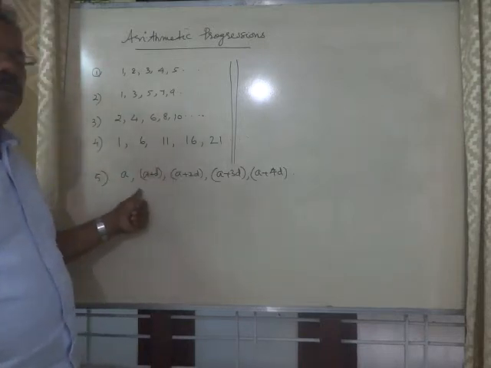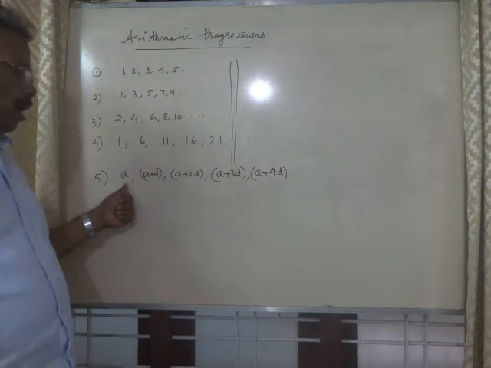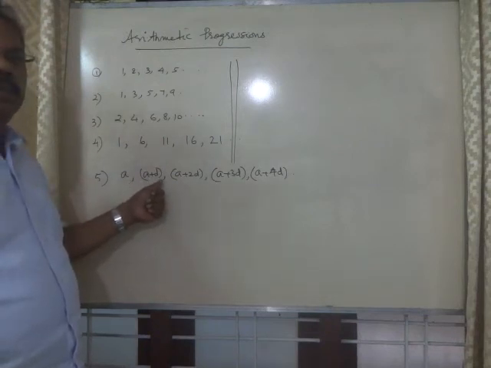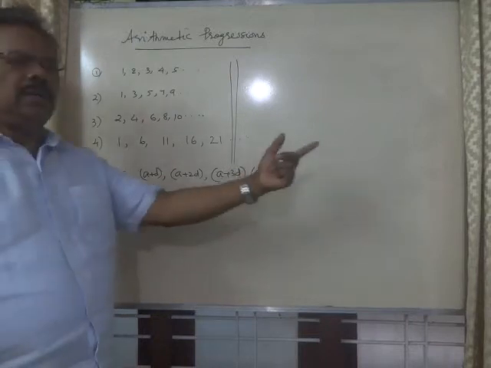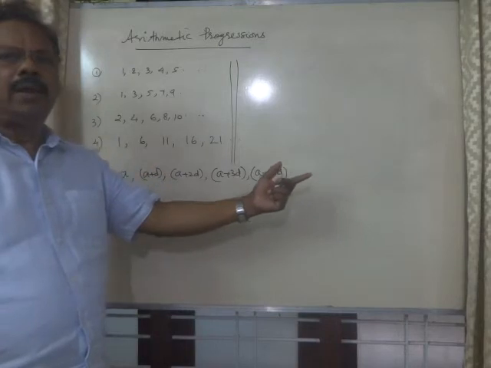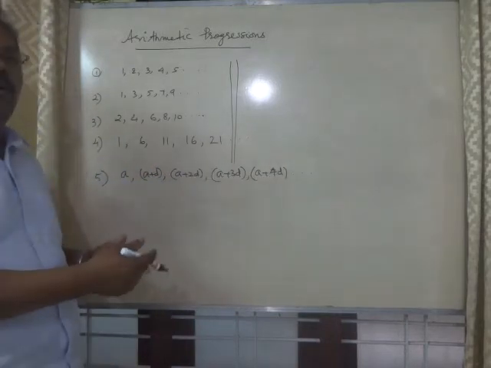In this case, the first term is A and the common difference is D. Why do we say common difference? The difference between the consecutive terms throughout the sequence is D itself. So we call it common difference.